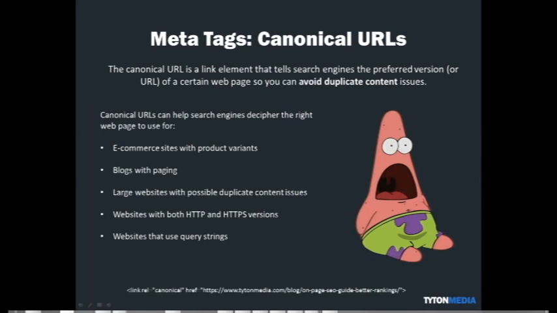So the next important tag is the canonical URL. Now this one is a little hard to say, but it's very necessary to have this tag on all of your web pages. It's a link element that you include in the head of your HTML, just like the title tag and the meta description tag, that tells search engines the preferred version of a certain website.